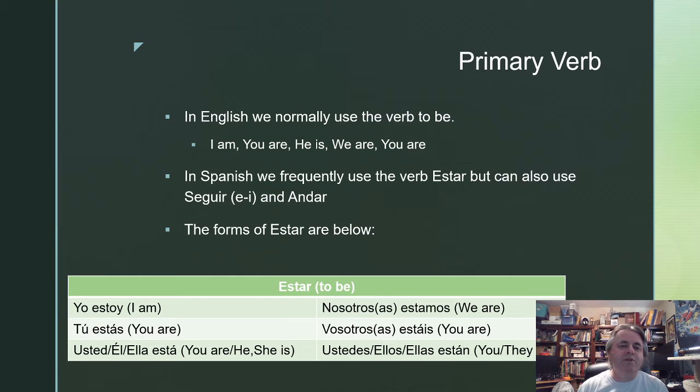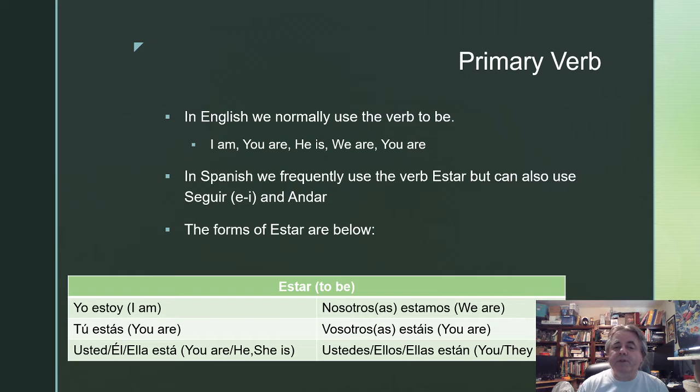That is, if we were going to be using the verb estar, you can see down here I've got the different conjugations. So if it's I'm doing it, I would say yo estoy. If it's you are, it would be tú estás. Remember, that's you as in somebody I can call by first name or a family member. Usted, that's the formal you, or él, ella, está, he or she is.